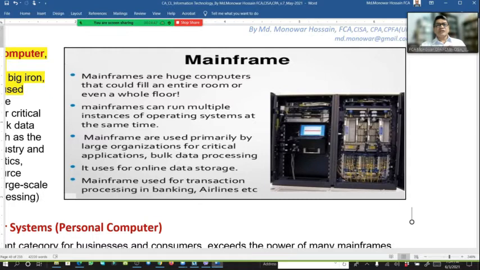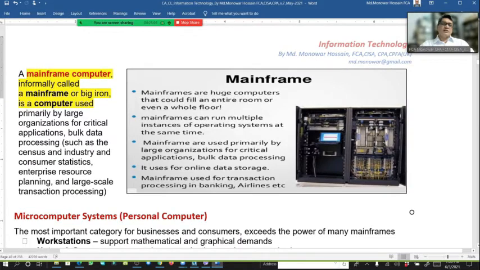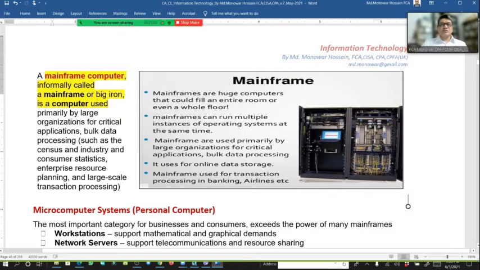Mainframes are used for transaction processing, banking, airlines, etc. Also our national ID server, that means our election commission server, must use a mainframe computer for proper utilization of big data and proper service of the data.